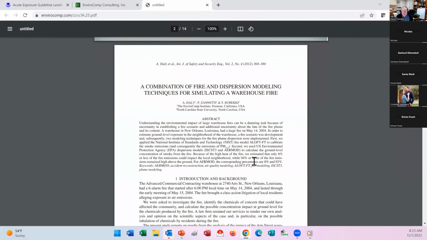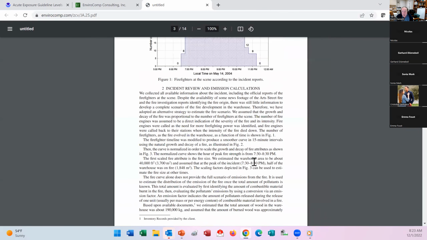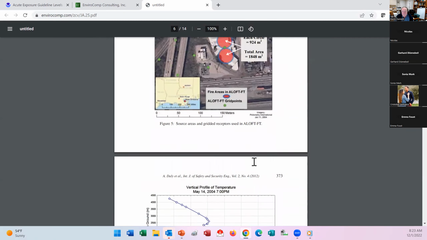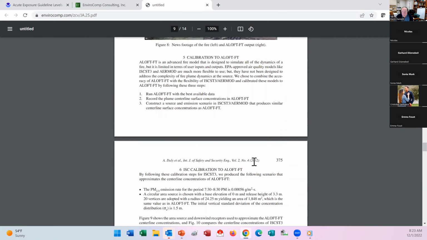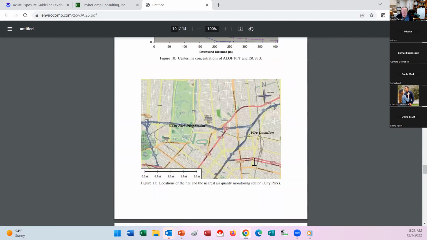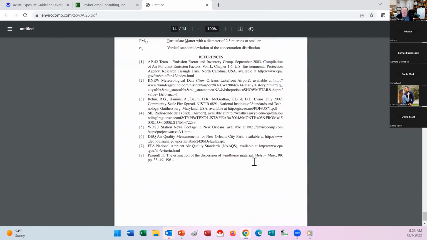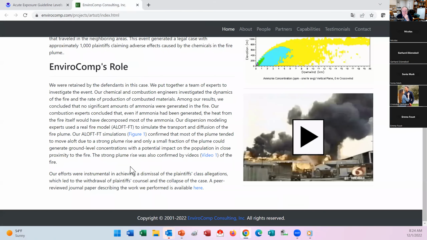This is an article that we published describing the modeling work that we did and the concentrations that we obtained. So it is available.